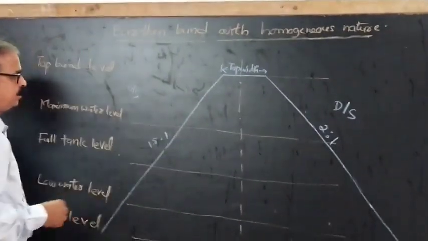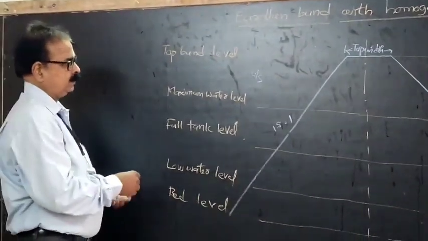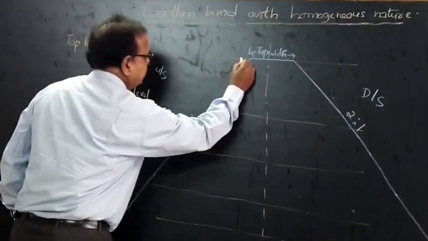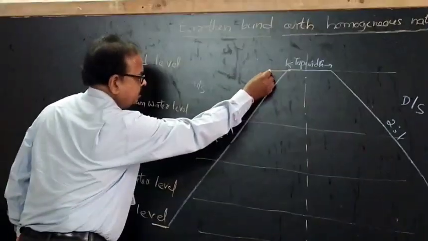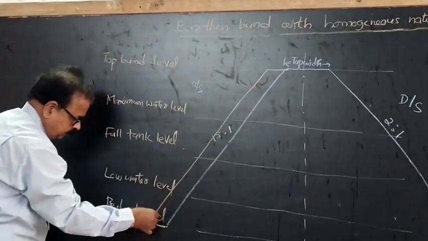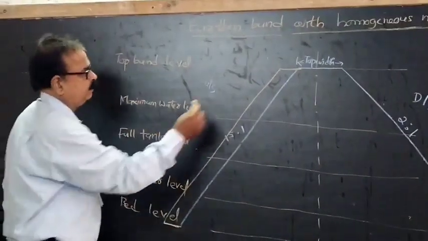And then we have to draw the upstream side pitching, which is there on the upstream side of the bund. Remember, they will give the width of the upstream side pitching.